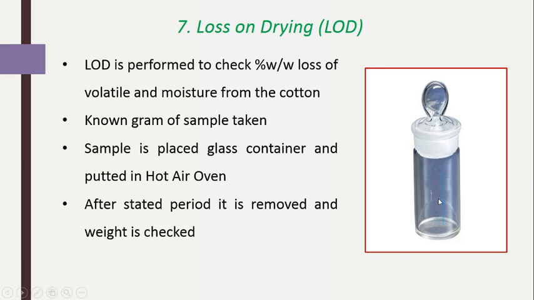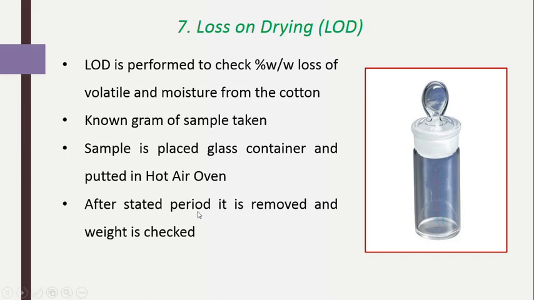One precaution should be taken: at the time of placing this container into the hot air oven, the lid is removed and put on the side of the container. Then the moisture will be removed from this sample.